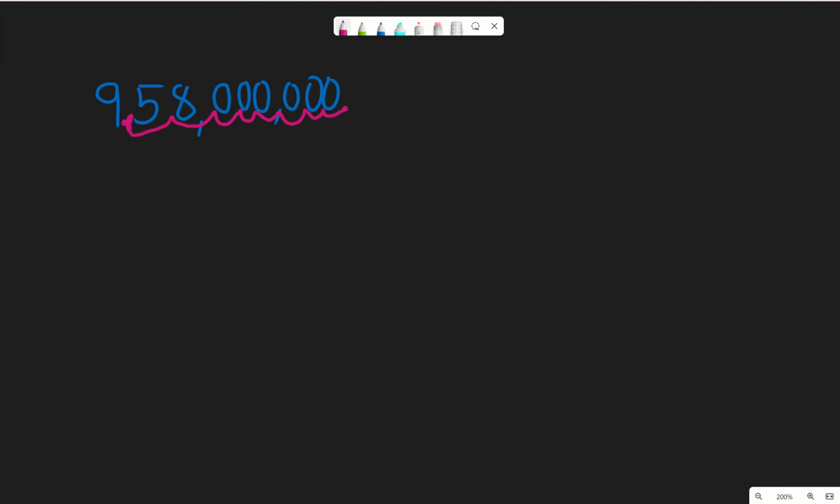So I'm going to write all the numbers that I need to. I don't need to write my zeros, but I'm going to write 9.58 times 10 to the power of 8 because I moved my decimal 8 places. Since I moved my decimal 8 places, that's going to be what goes in my power here. Okay? So the number of times I move my decimal is my power.